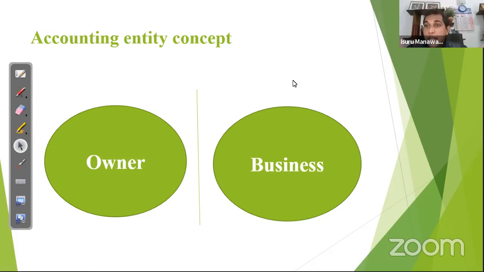Then we need to decide who is the owner of this business. I will be the owner, right? Isuru Manavadu is the owner. So I invest money in order to start a business. Can you please put a name for the business? We'll assume the name of the business is, let's say, Aralia.